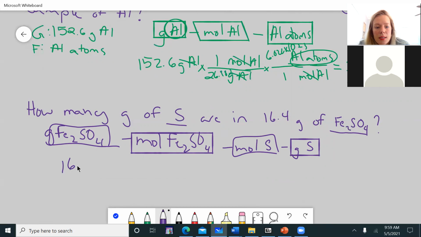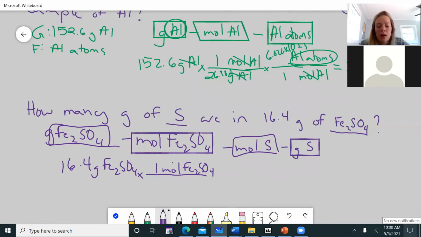So, 16.4 grams of the Fe2SO4. 1 mole of Fe2SO4 is equivalent to the mass of 1 iron, 1 sulfur, and 4 oxygens.